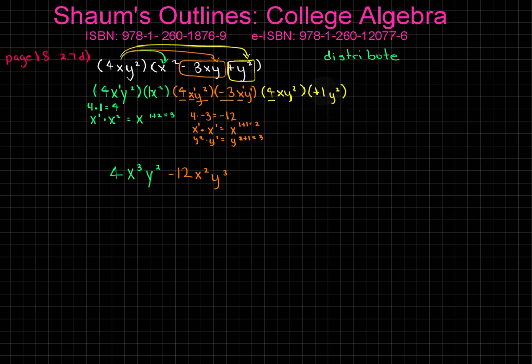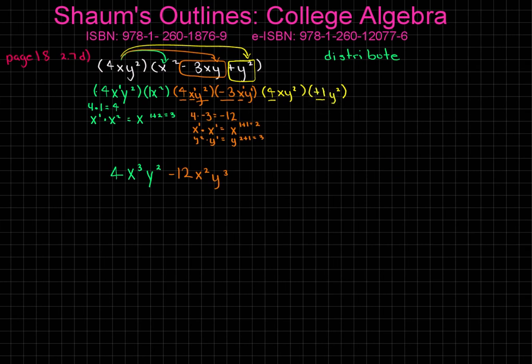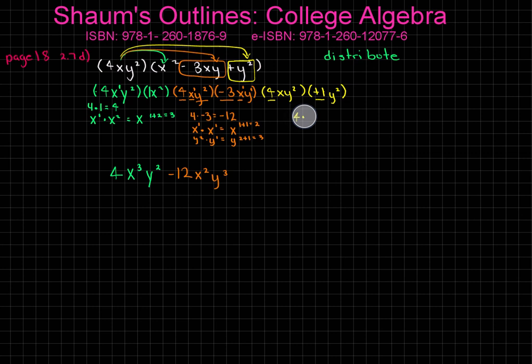That's my imaginary 1 right there. So 4 times plus 1 gives me positive 4. So I get plus 4. And then I have x by itself and nothing else as a yellow x, so I'm going to leave it alone. So I just get x.